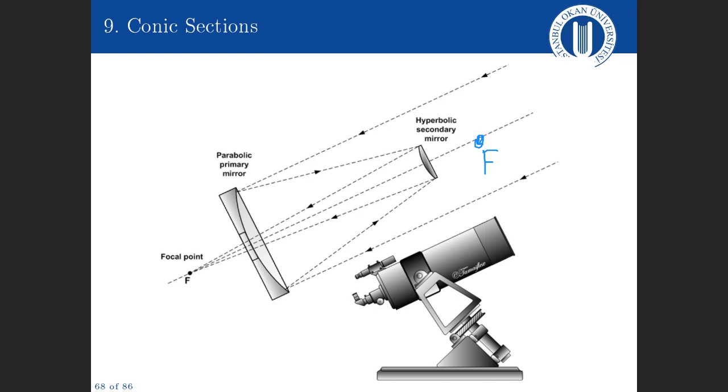They then hit the hyperbolic second mirror, and the hyperbolic second mirror reflects them towards its other focus. This is a simple telescope. More advanced telescopes would have more mirrors, but the idea is the same. You would use parabolic, elliptic, and hyperbolic mirrors to focus the beams of light.